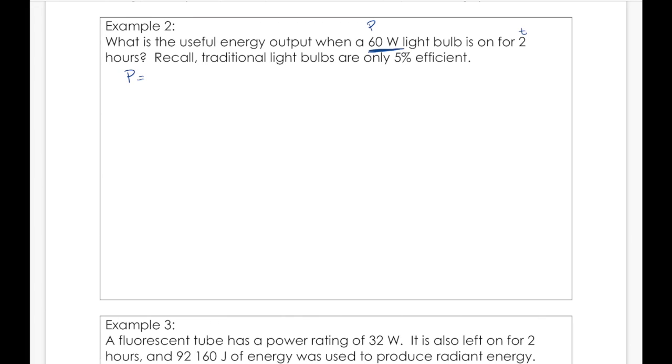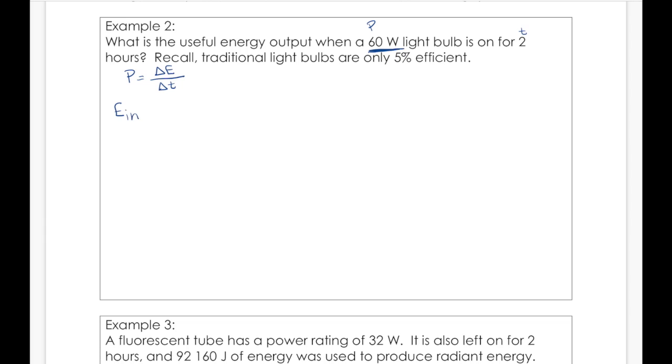So if you remember, power is equal to change in energy or work over change in time. And so if we rearrange this so that it's telling us the amount of energy put in, we would multiply both sides by time.